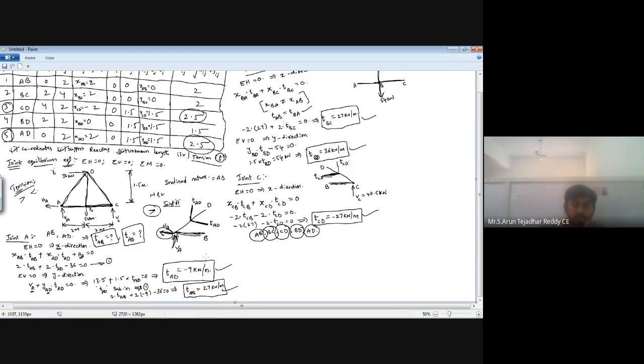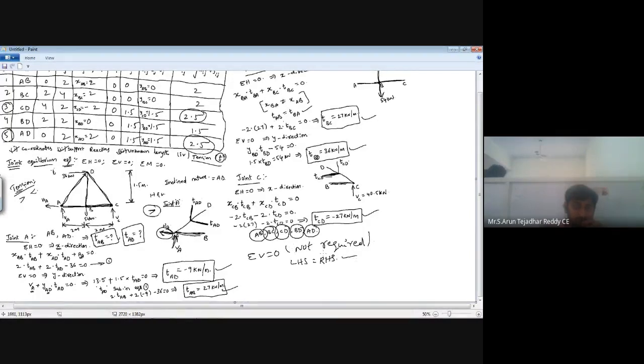So here actually summation of vertical force is not required because we got all the tension members. But if we take summation of vertical forces equal to 0, if we get LHS equal to RHS, then it is correct.